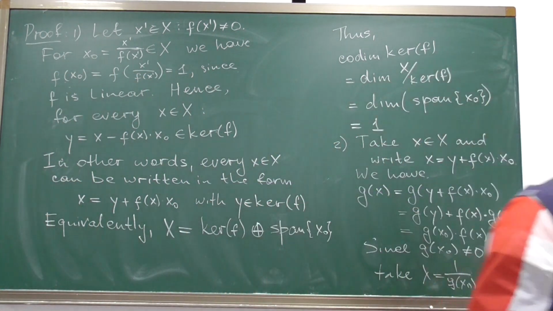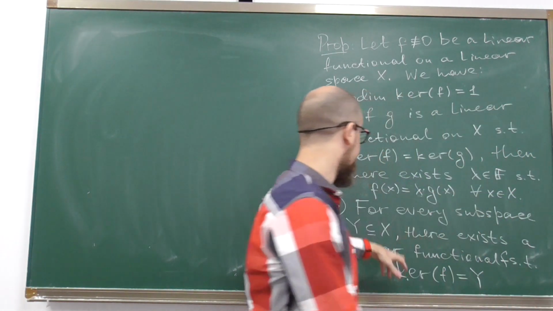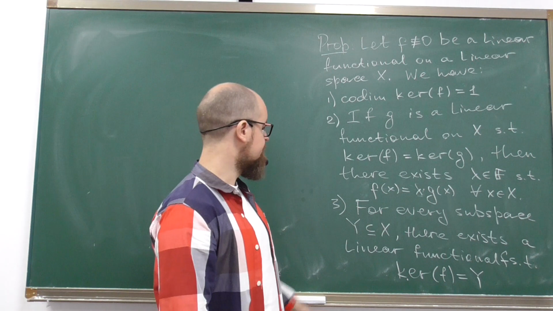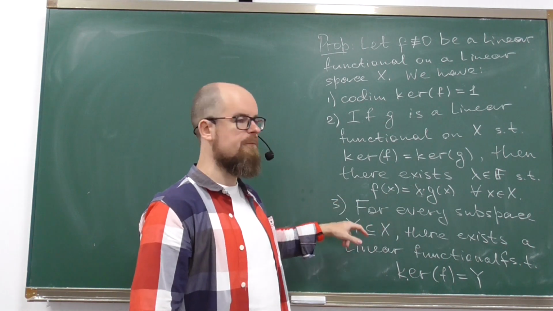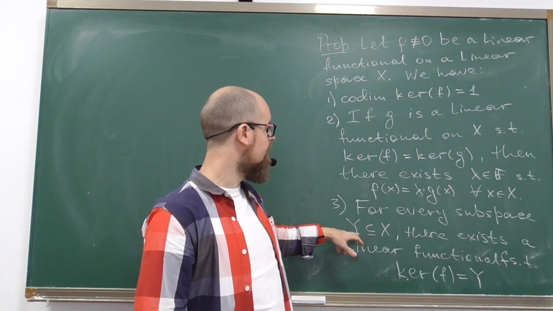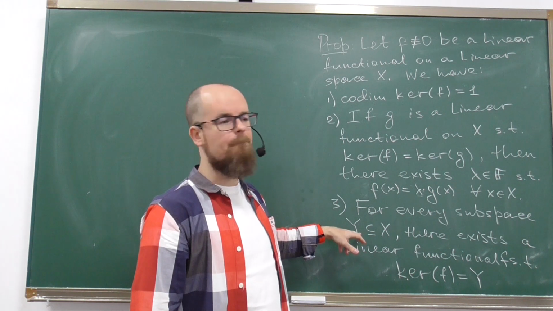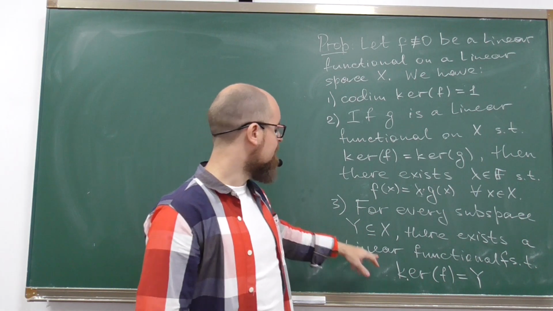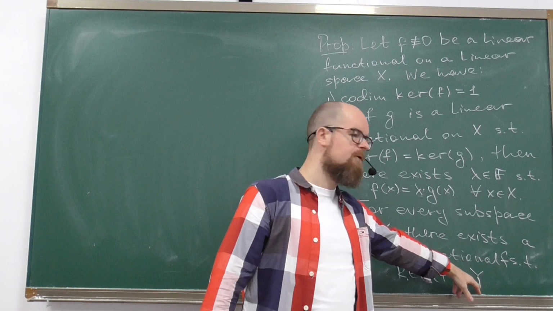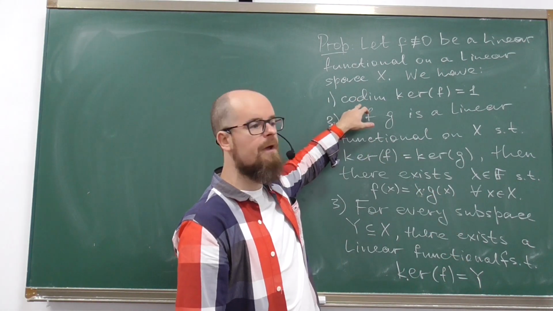Let's prove the third part, and before we prove the third part, I have to correct the statement of the third part. So what is missing from this statement? It's not for every subspace. We need an additional assumption on the codimension of this space Y. Because we claim that the kernel equals this subspace, but we have just proved that the kernel is of codimension 1.